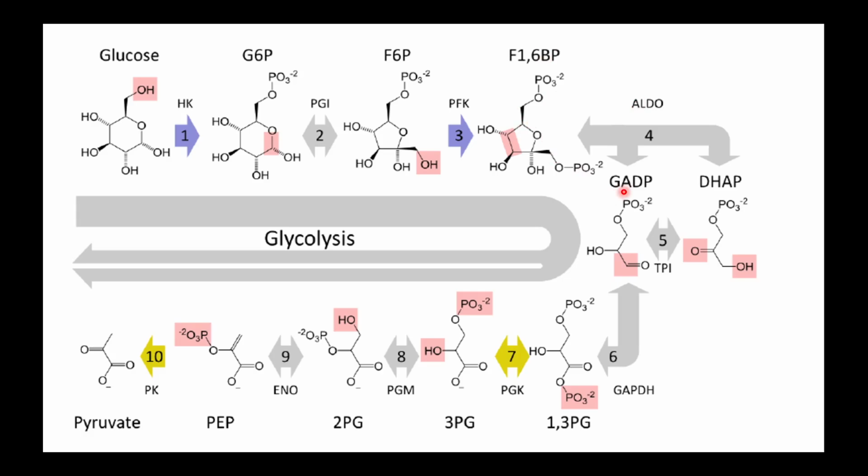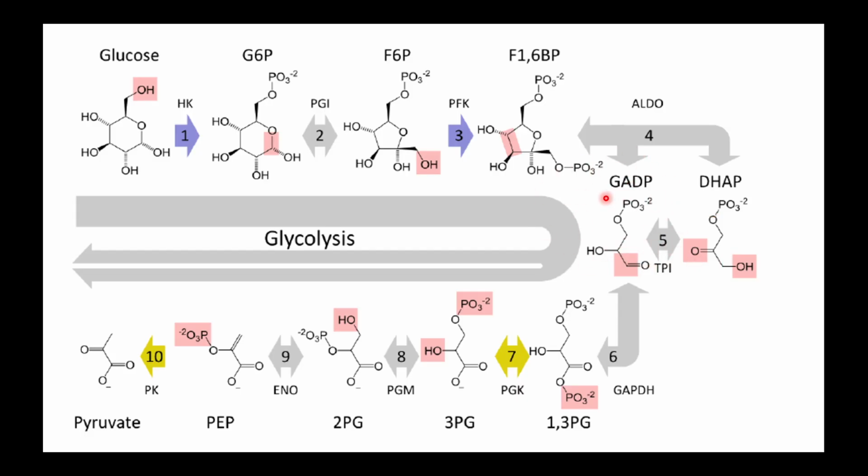One is glyceraldehyde 3 phosphate and one is dihydroxyacetone phosphate. Dihydroxyacetone phosphate can get isomerized into glyceraldehyde 3 phosphate. So these two compounds remain in equilibrium.